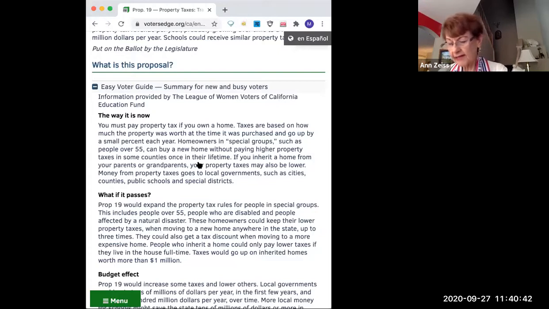The proposal states, Proposition 19 would allow eligible homeowners over 55 to transfer a property's taxable value to a more expensive home anywhere in the state up to 3 times in a lifetime. It does not change the once in a lifetime transfer for victims of natural disasters. It does eliminate the transfer of taxable values of inherited properties unless the properties are the heir's principal residence or a farm.